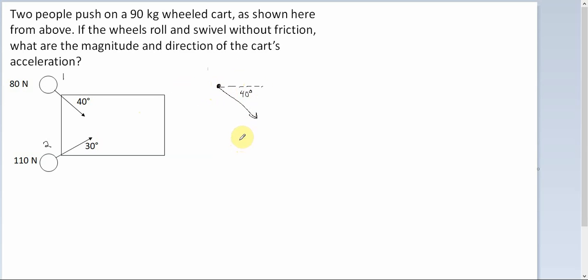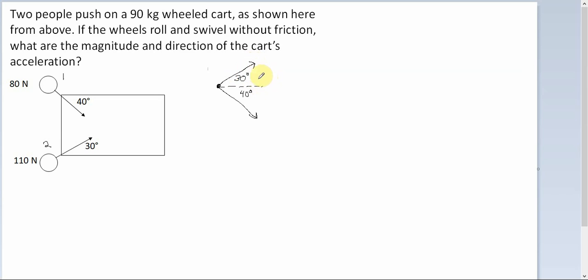You'll have to bear with me a little bit because I'm not really that good at using this pad. Force 2, the force from person 2, is that way, and it's at an angle of 30 degrees. So that's really all the forces that we've got, from this perspective.